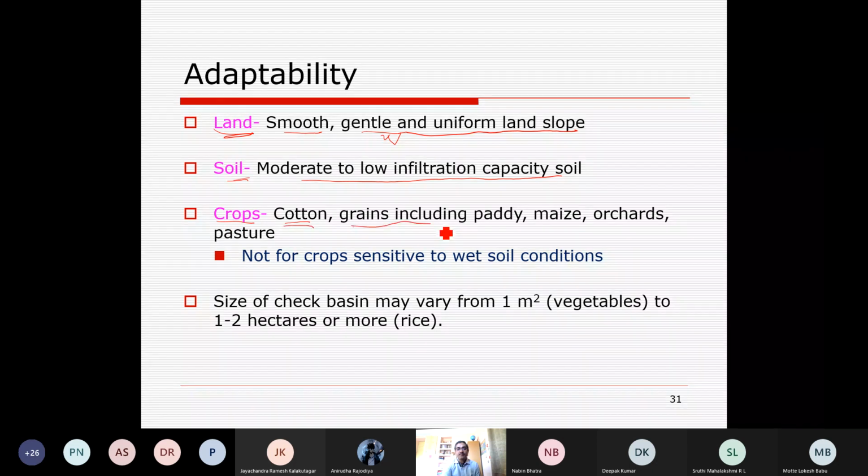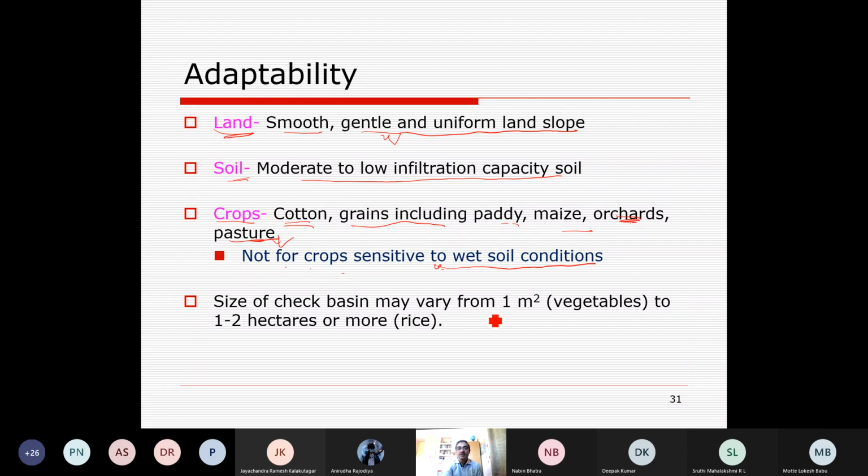Cotton, grains like paddy and maize. We can have orchards once we put ring basins here, or pasture. It is not for crops which are sensitive to wet soil condition. Any crop sensitive to wet soil for more than one day is not suitable.